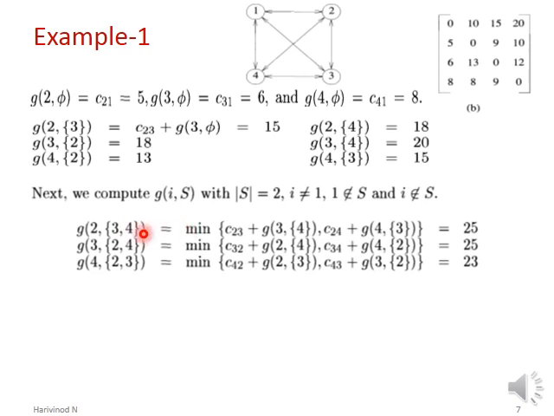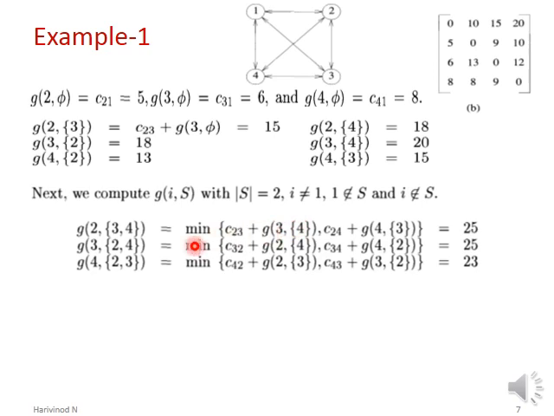Let us assume the salesman travels from 2 to 3 first. So the cost of 2 to 3, then the cost of traveling from 3 to 4, then to 1. That cost is already found, it is 20. The cost of 2 to 3 is 9. 9 plus 20 is 29.